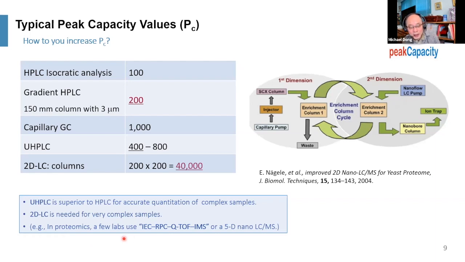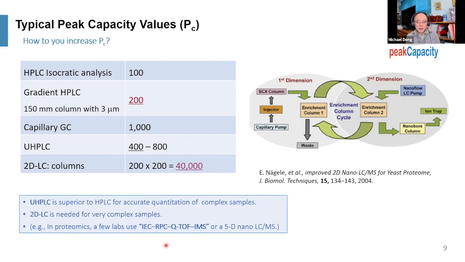So to do it properly, how do you do it, right? A few laboratories use this type of assay. You couple ion exchange chromatography with reverse phase, and then you go into a mass spec. So right away you have two dimensions, plus mass spec is another separation. You have three-dimensional separation power, right?